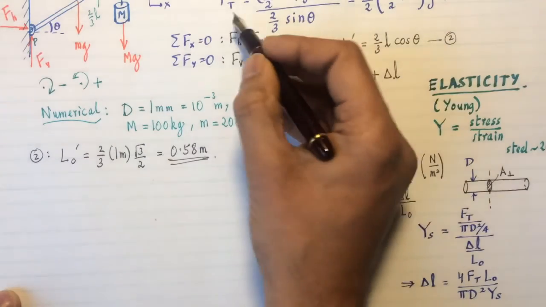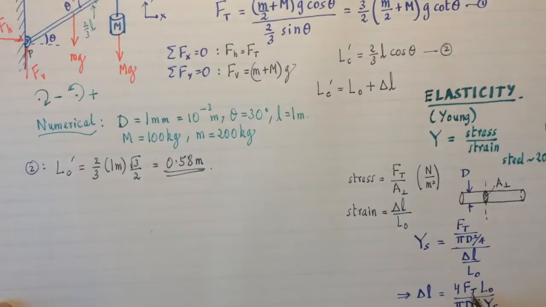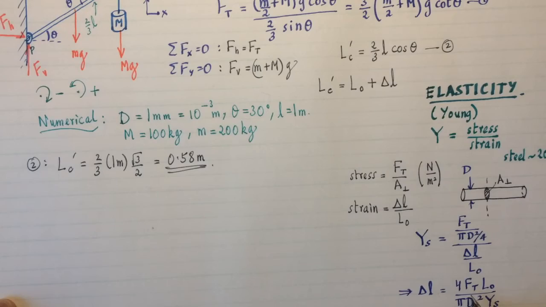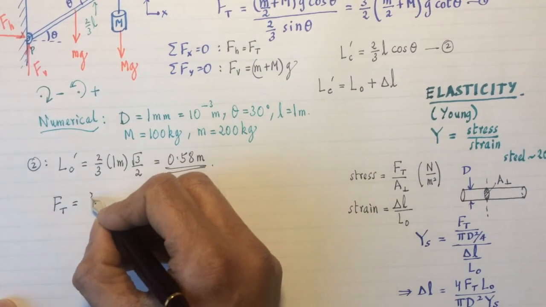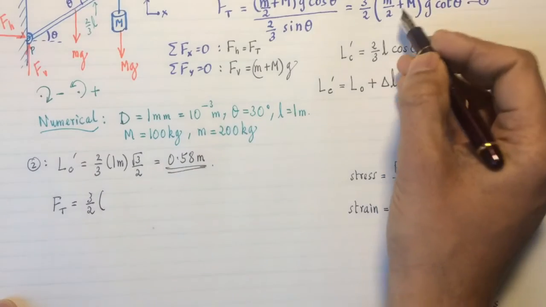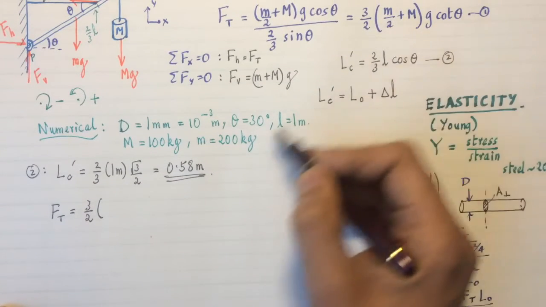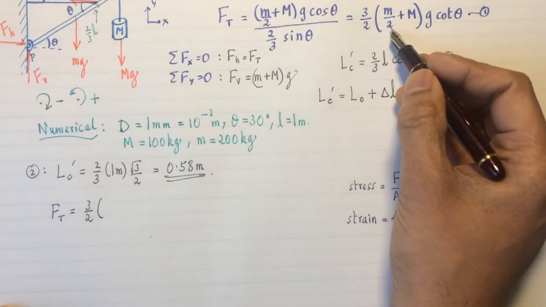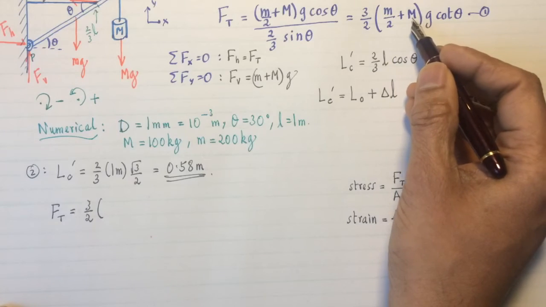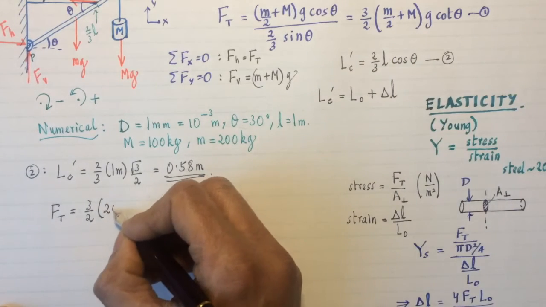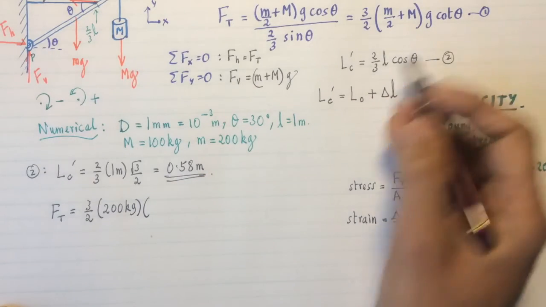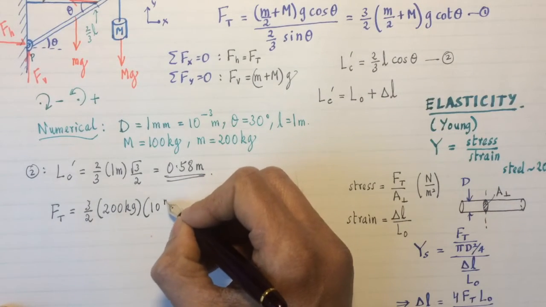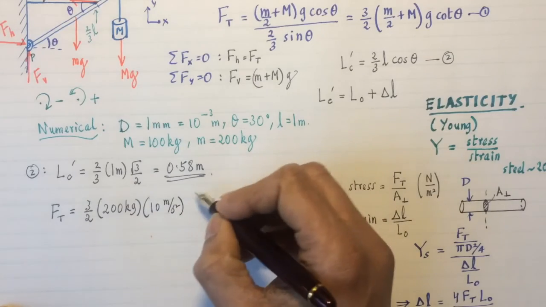Let's calculate F sub t next, because that's also something we need to find the stretch. So F sub t will be 3/2. Now fortunately I chose little m to be 200, so 200 over 2 is 100 plus another 100, so that's 200. G, I'm just going to take 10 meters per second squared, not too hung up on accuracy here.